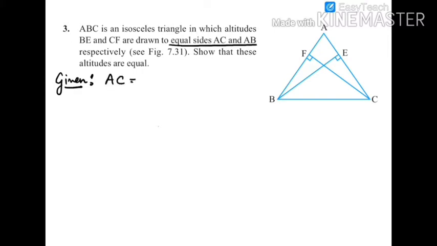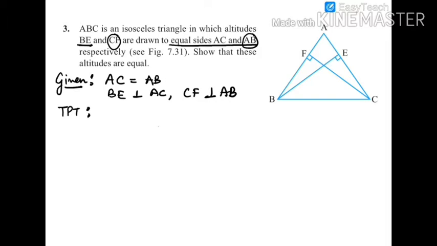So we can write AC is equal to AB and the altitudes BE to side AC. So BE is perpendicular to AC and CF is perpendicular to AB. Show that these altitudes are equal. So we have to prove the altitudes BE equal to CF.